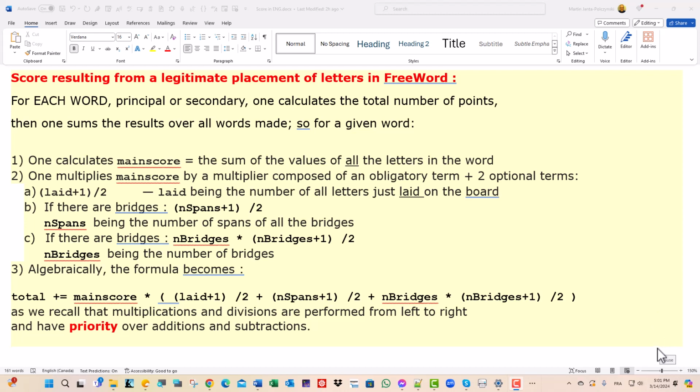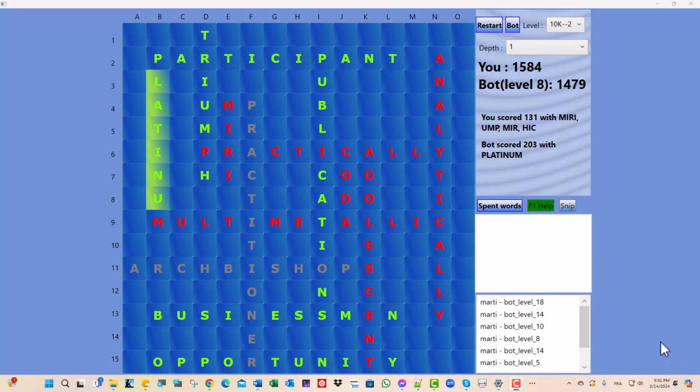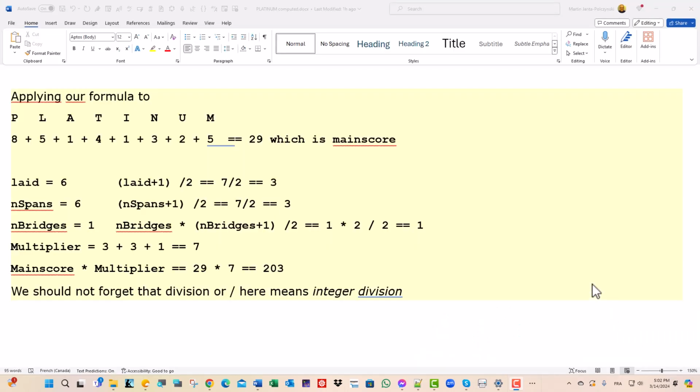So let us see how this applies to our example on the board. First, let us look at the scoring of Platinum, which got 203 points. Don't worry, the total formula will be on our website, so you will have opportunity to check it in detail. So Platinum, the main score is 29, and laid is 6, number of spans is 6, number of bridges is 1, so the multiplier is 7, and 29 times 7 is 203.